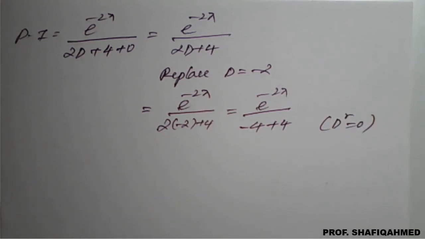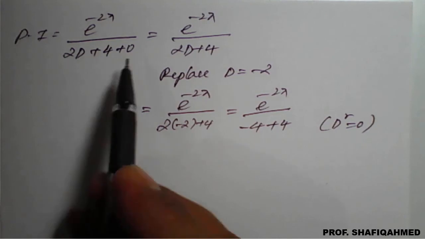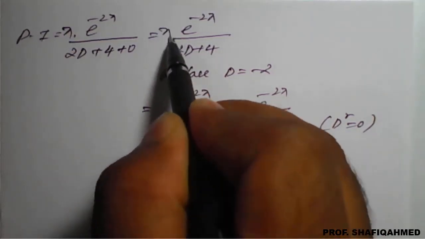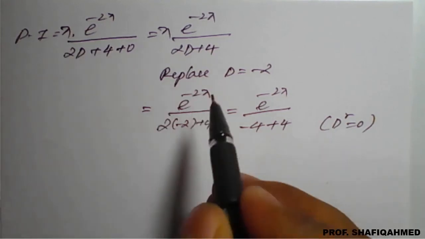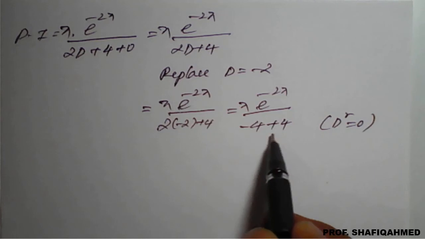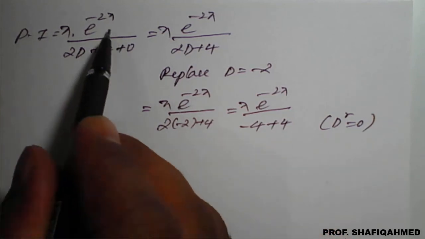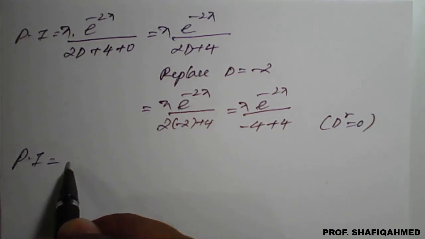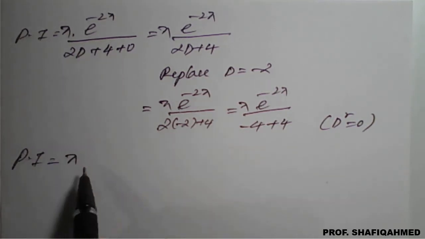Once you differentiate one time, we have to multiply by 1 x here. This is very important. But again the denominator is becoming 0, so we have to differentiate again. Keep this x as it is.